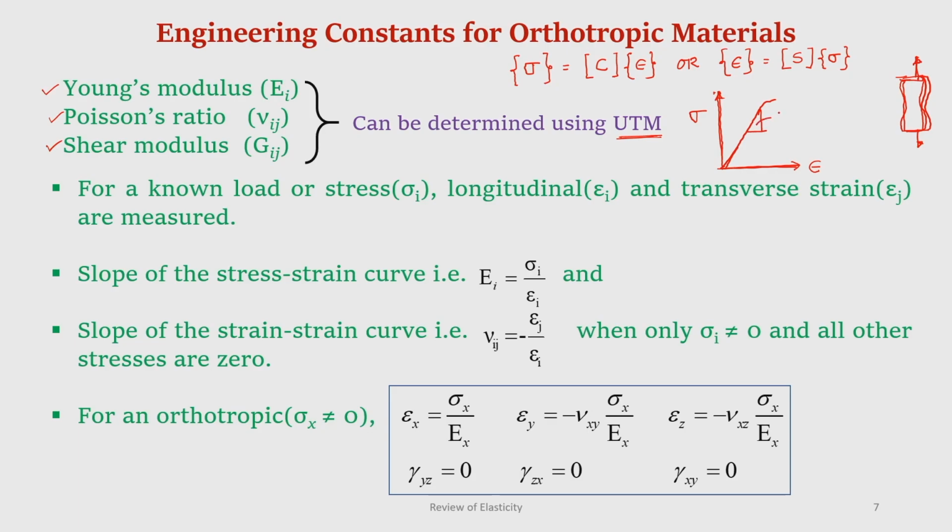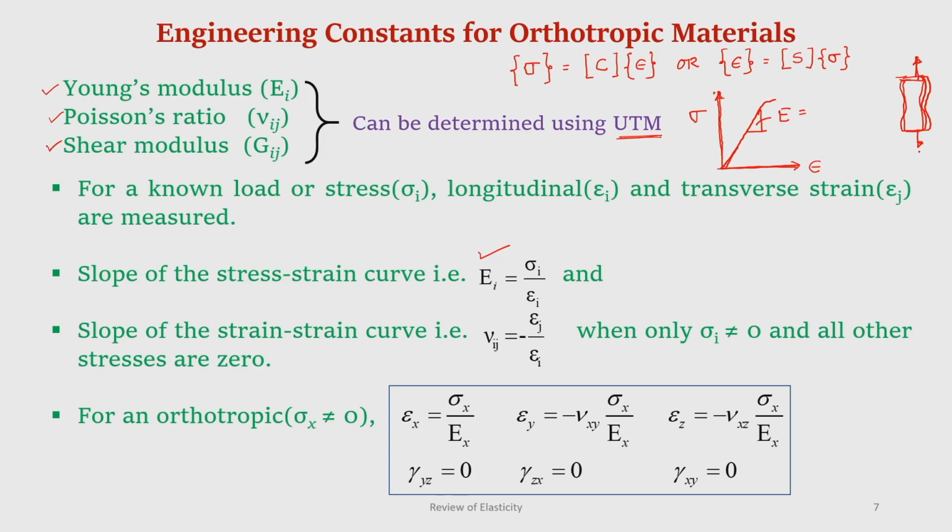The slope of this curve is E. If we apply load along a particular direction, then Young's modulus in that direction is the applied longitudinal stress in that direction divided by the corresponding strain. So the slope of the stress-strain curve gives us Young's modulus.